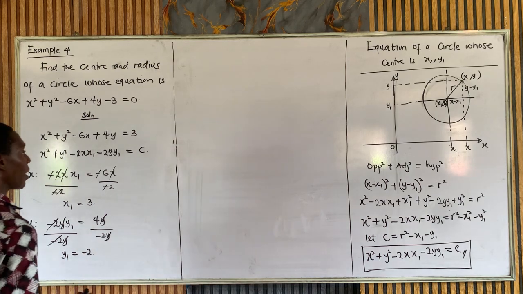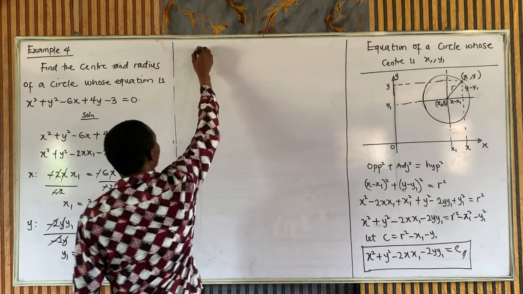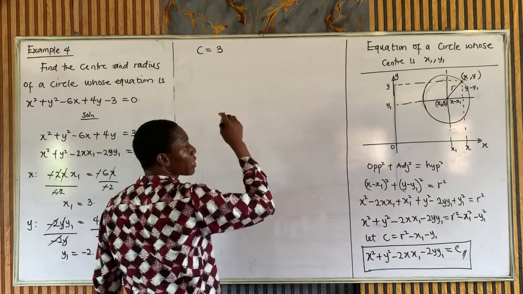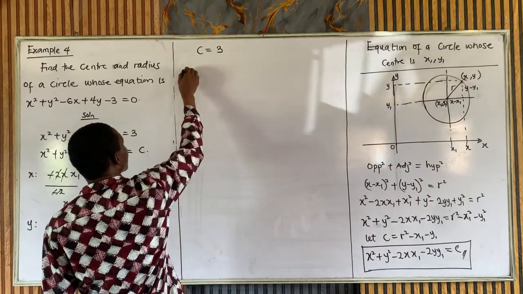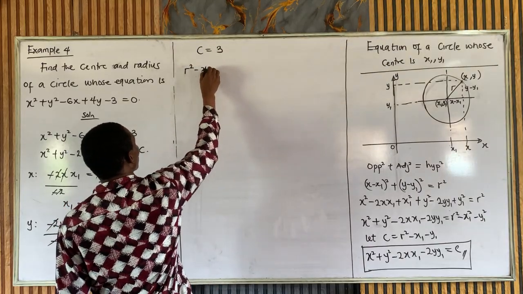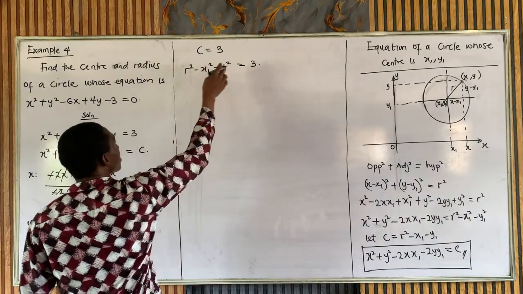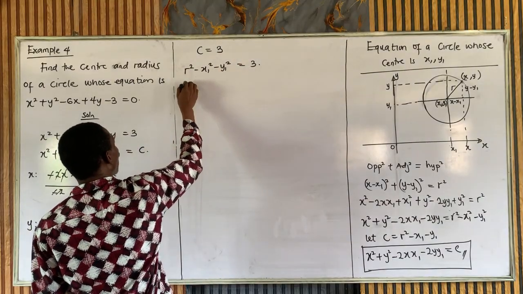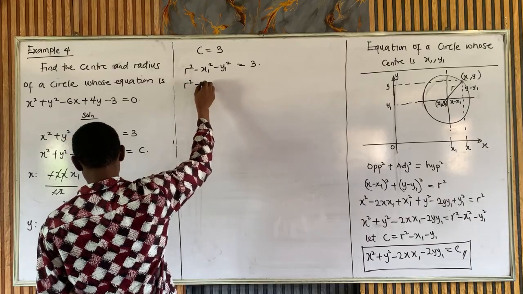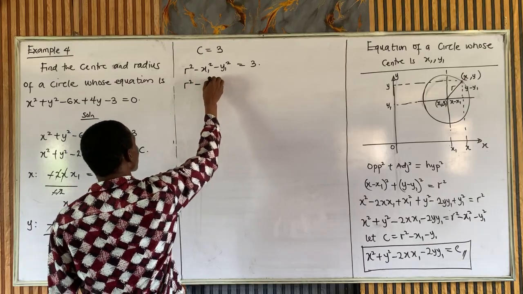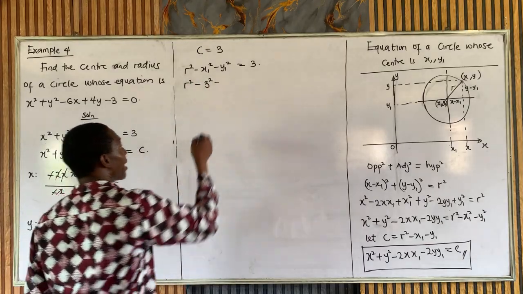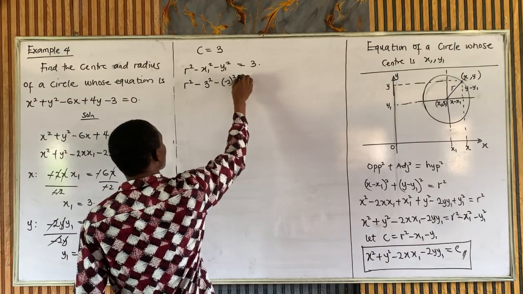Got our x1 and y1. Again, we can compare c, which is actually 3. And remember how we got our c: c, which is r squared minus x1 squared minus y1 squared, is equal to 3. So we're looking for our r now. We know our x1 is 3, squared, minus our y1, minus 2 squared, is equal to 3.